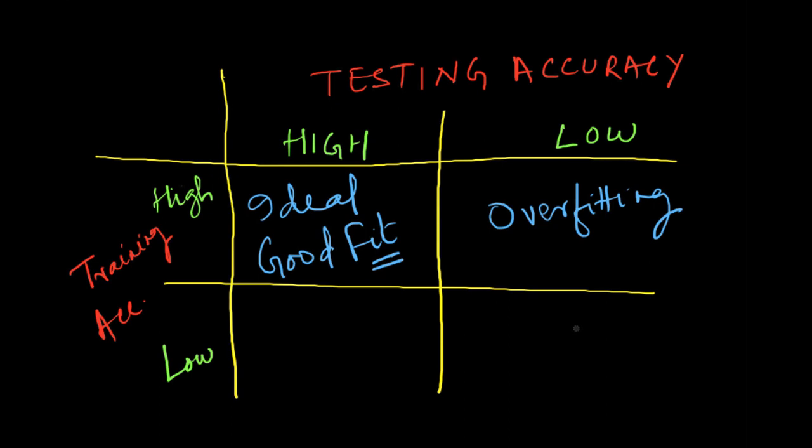So in that case, you would be in this quadrant, and here you would be said to be in the regime of underfitting, meaning that you did not fit well to the training data itself, and so you are very likely to have a bad fitting to the testing data also. So this is a case of very high bias in your learning process.